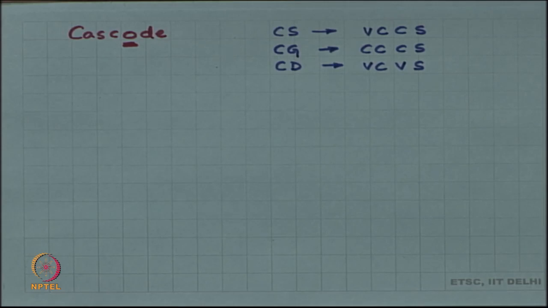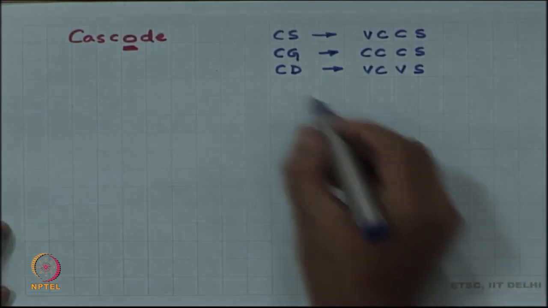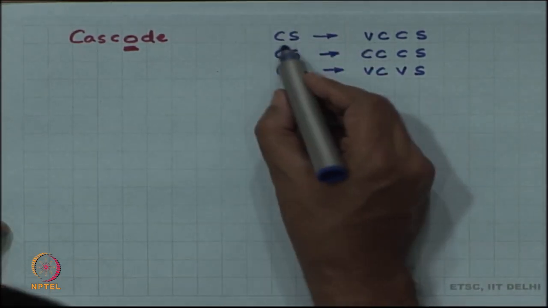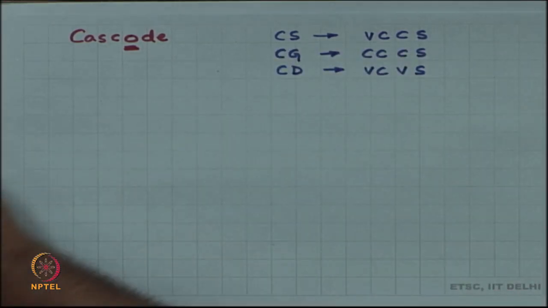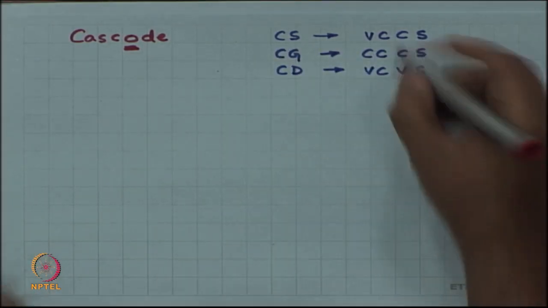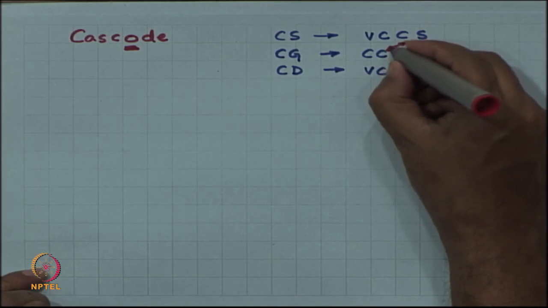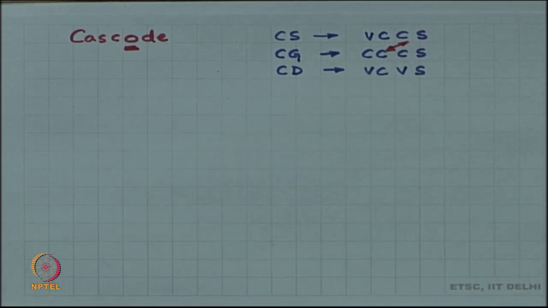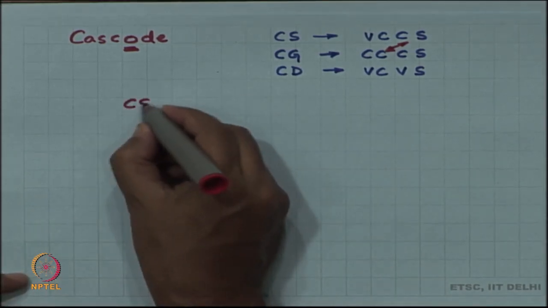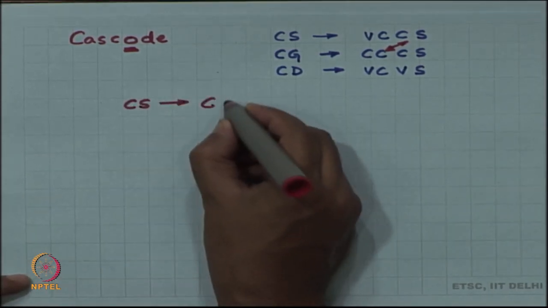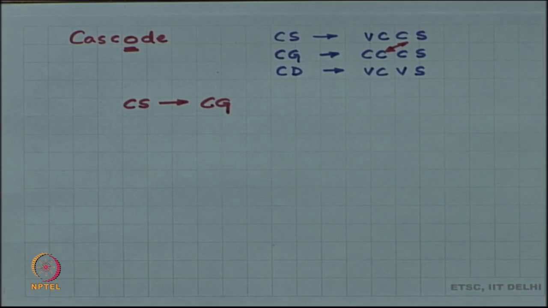Now, what do we do? One possibility is to have a common source up front followed by a common gate. Okay.